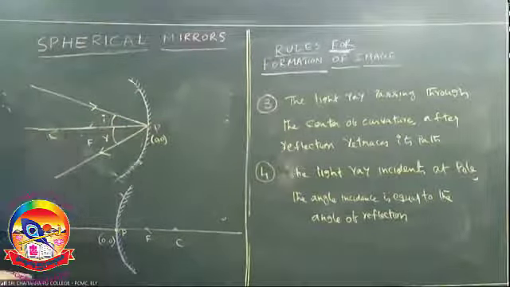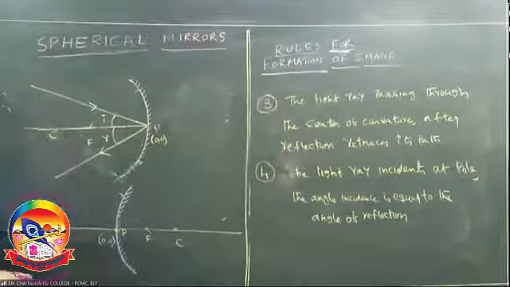AD represents the reflected ray. After the completion of the diagram there can be slight confusion, so we must follow this while drawing the ray diagram itself. That is important in optics. CA represents normal, BA represents incident ray, AD represents the reflected ray.